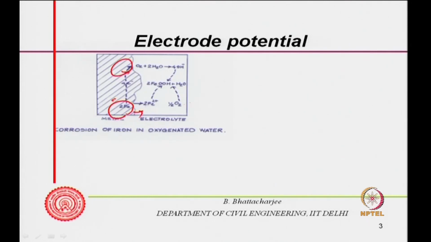At the anode, Fe dissolves into the solution as Fe++ and 2 electrons. The electrons move along this direction to the cathode and react with oxygen and water, forming hydroxyl ions, and the Fe++ in solution reacts with this hydroxyl ion forming Fe(OH)2, etcetera. So, you have the anode and the cathode.